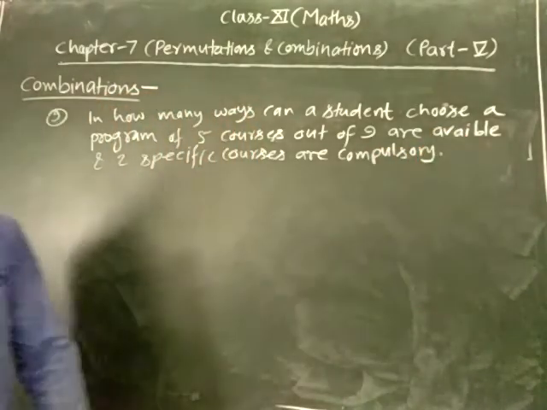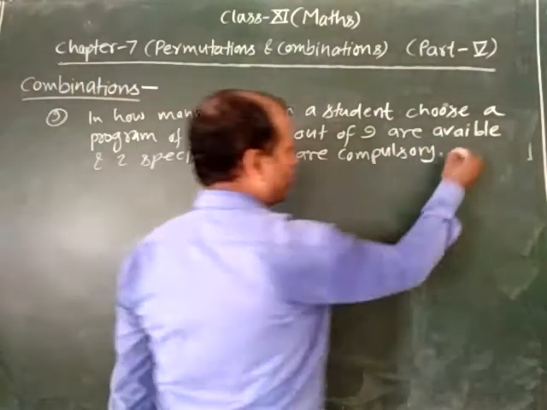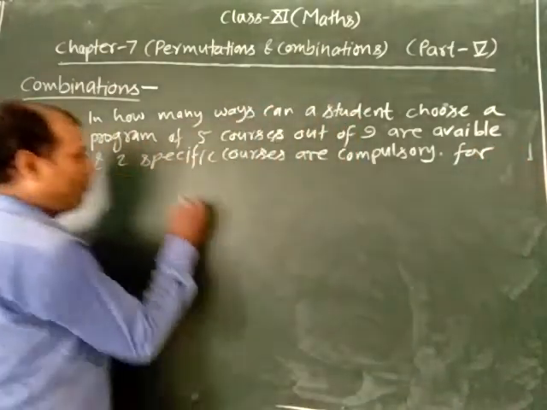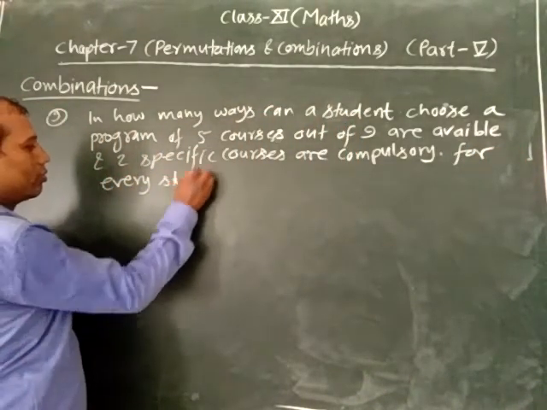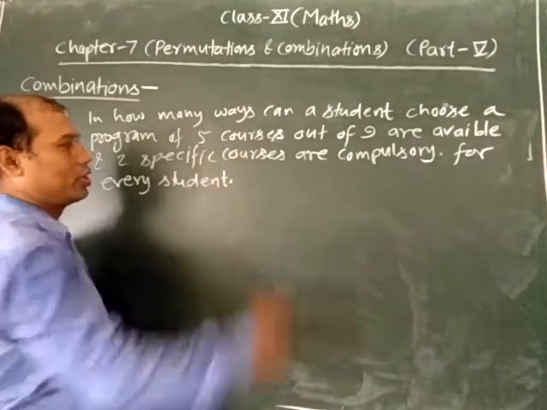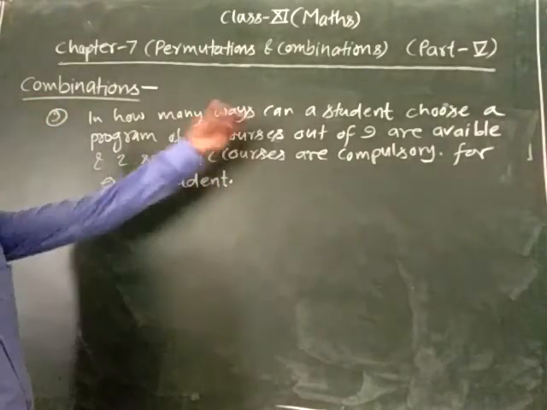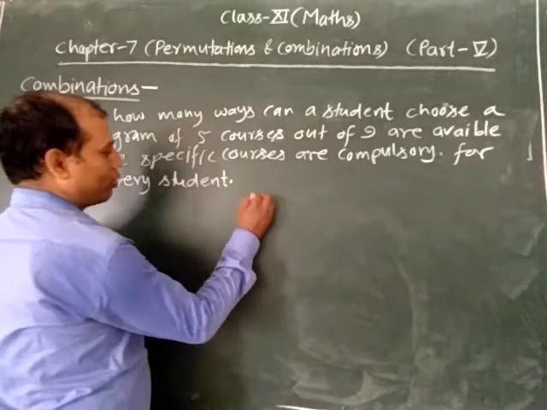There are 2 compulsory courses for every student. This is the problem. Here there are a total of 9 courses.